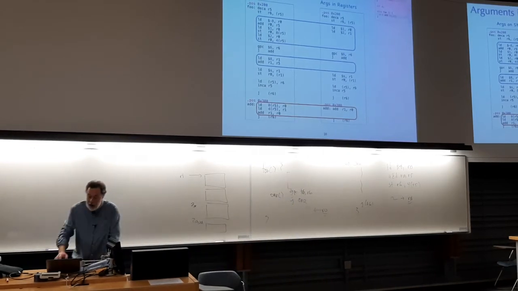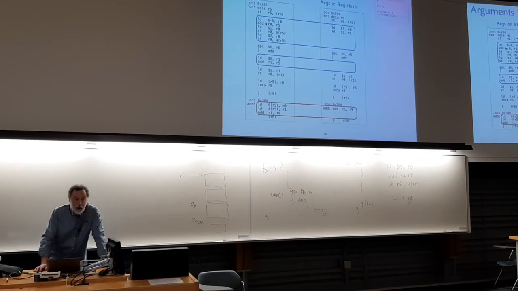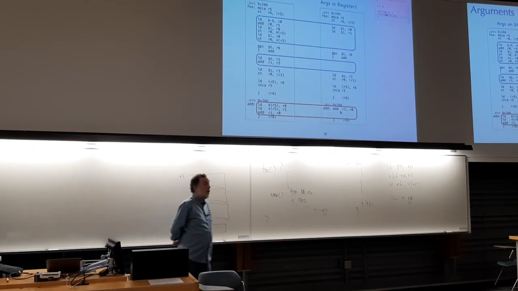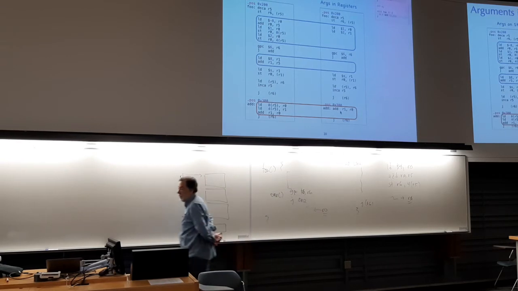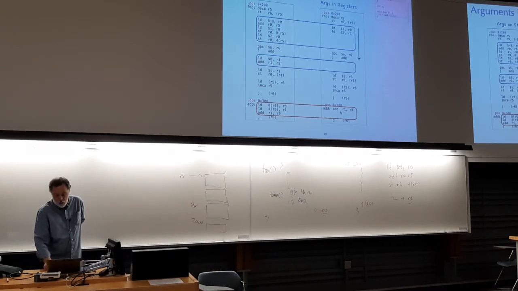So rather than creating the part of the activation frame that has the arguments, and saving them there and then loading them here, it just passes them in registers. So it uses register 0 for the first argument and register 1 for the second argument. And now you can see add is just add and then a return. So that will execute much more quickly. Here again is the control flow, so you can see it.